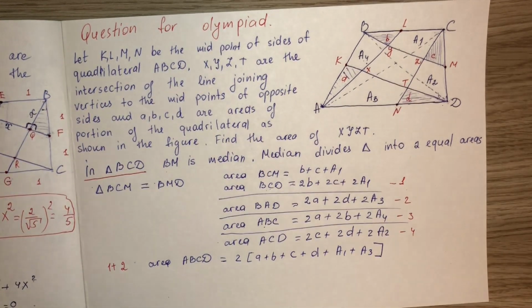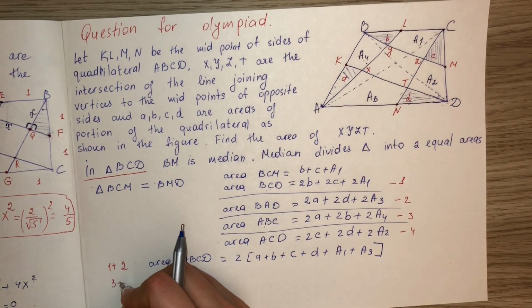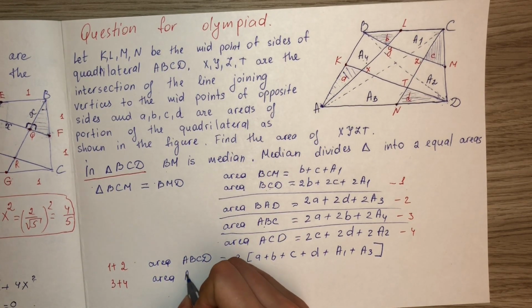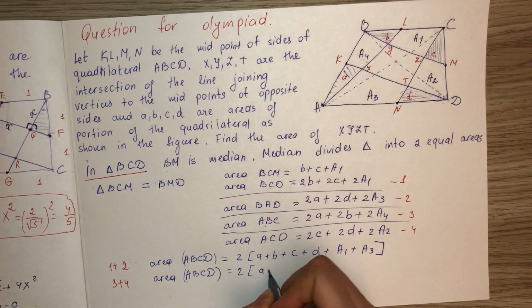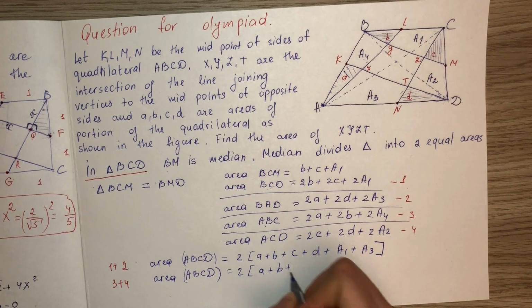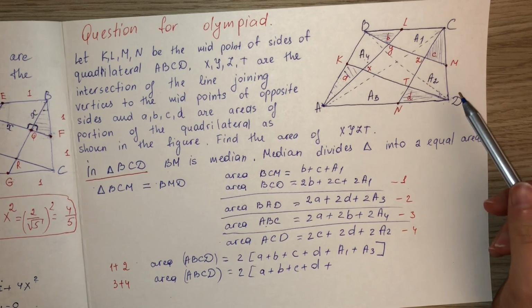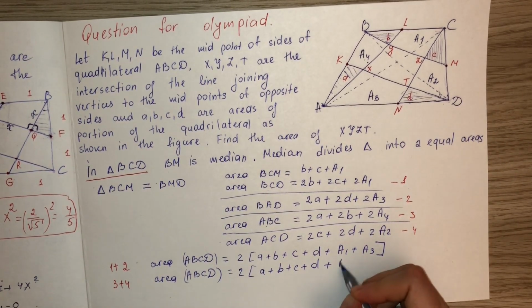Yes, and if we add 3 and 4, we get the area of ABCD is equal to 2 times, again, A plus B plus C plus D plus, here we get A4 plus A2.